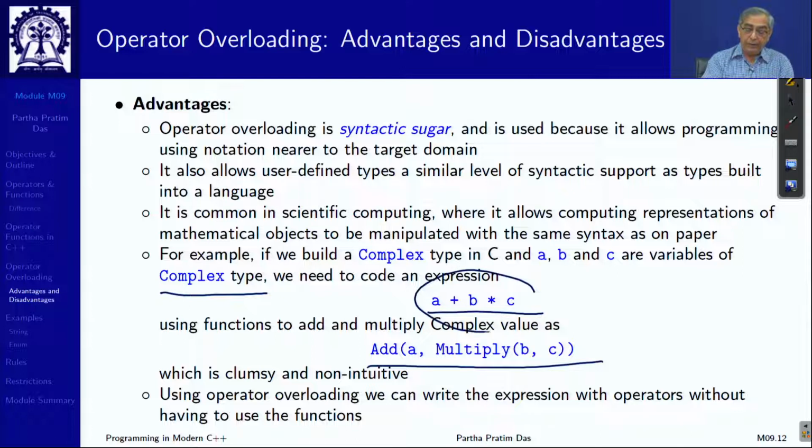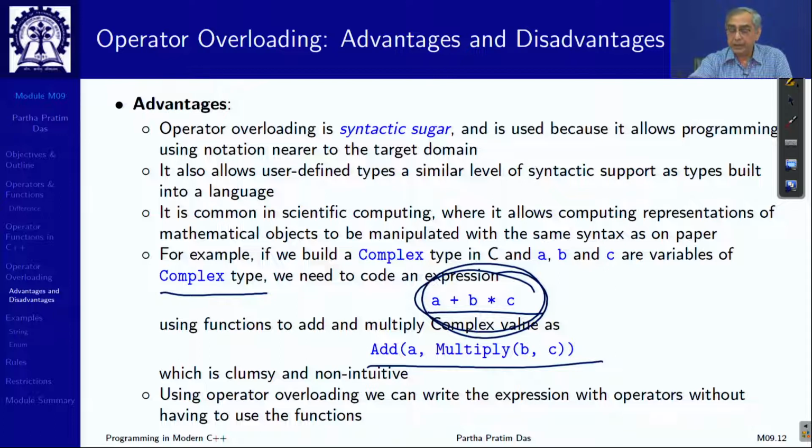With overloading, you will be able to write this expression exactly in the form you write for int, float, or double. You will be able to write that for your complex type. You define a fraction type, you will be able to write similar expressions for that, though the rules of multiplication of complex numbers are different from the rule of multiplication of integers or doubles. Right?